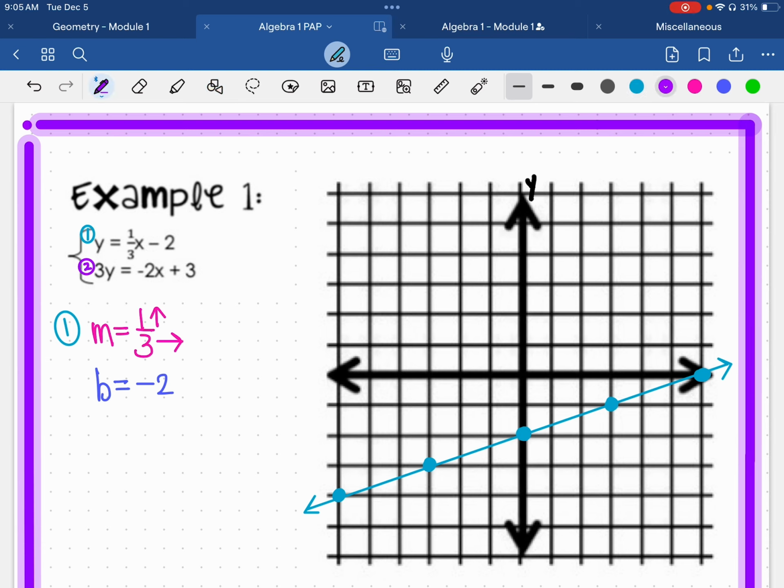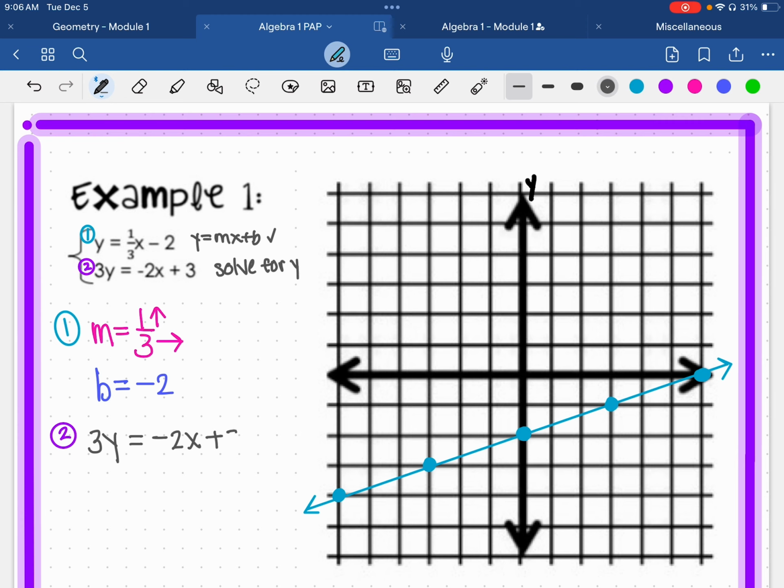Now I'm going to go to equation number 2. What I notice in equation number 2 is that the y is not alone. I do actually have to solve for this one. The first one was already in y equals mx plus b, and I could just graph. This one, though, I need to solve for y.